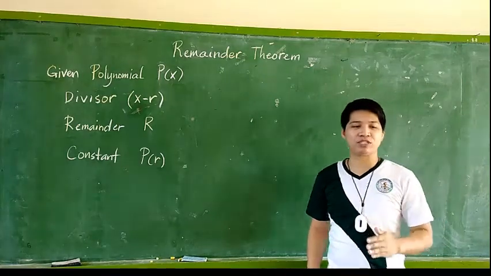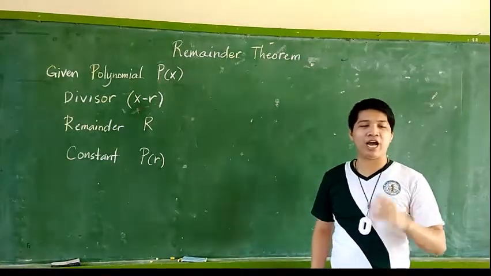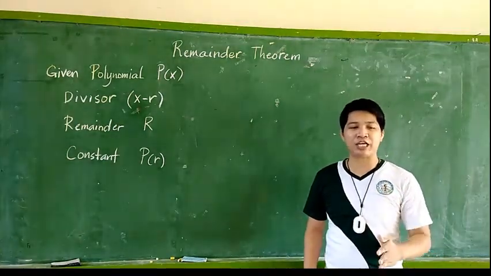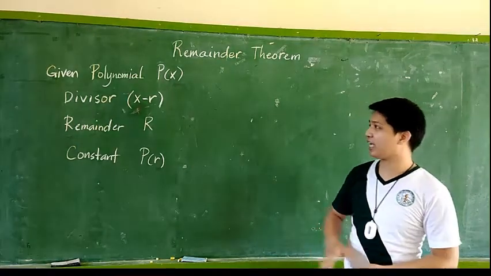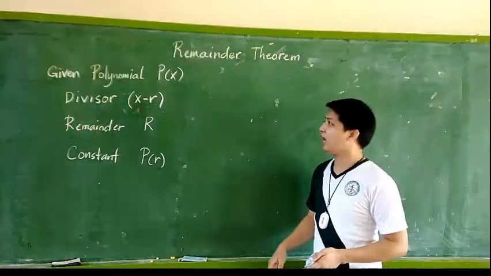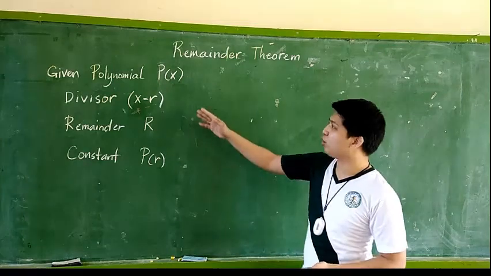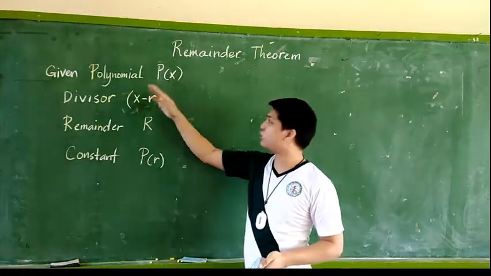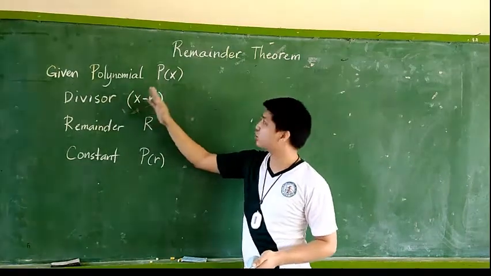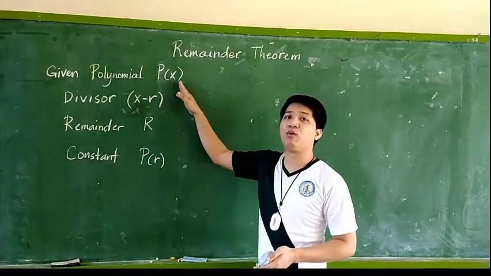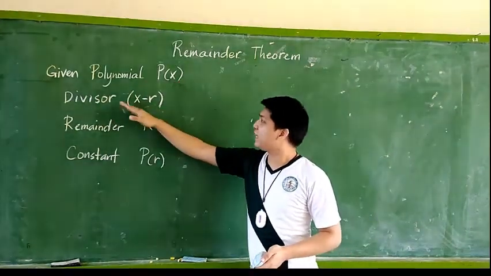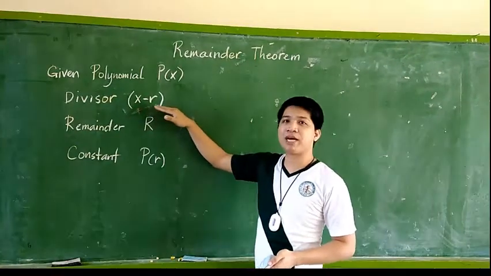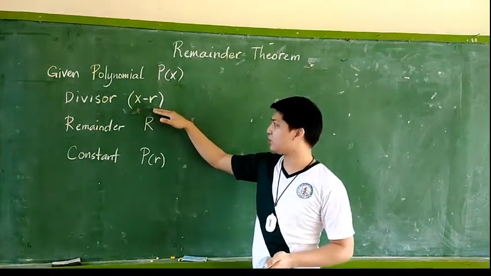Before we proceed to our lesson proper, I want us to remember certain notations that we will be using. These are written already on our board. The notation p of x is equivalent to the given polynomial. For the divisor, we have x minus r as our notation.